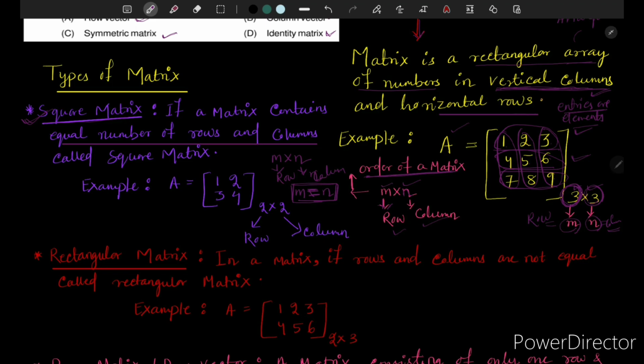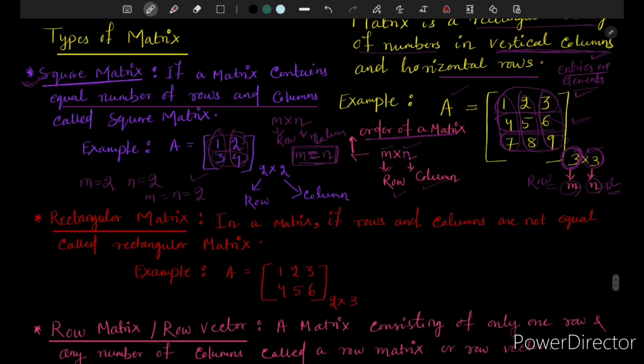Here is an example of a square matrix: A equals 1 2 3 4. We have 2 rows and 2 columns. So here m equals 2 and n equals 2, that means m equals n equals 2. So this is called a square matrix, or we can say A is a square matrix of order 2 by 2.